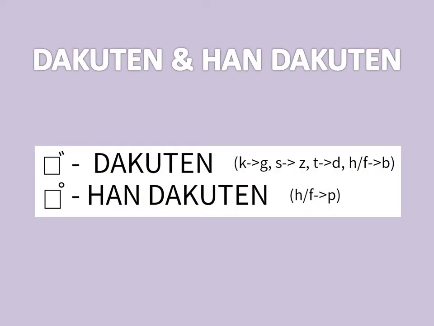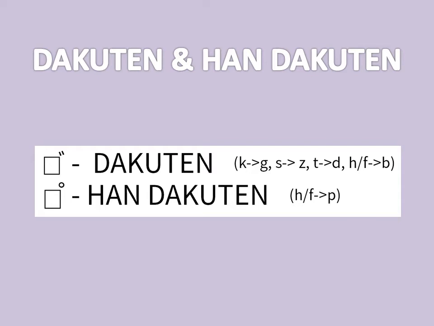Now if we add some symbols like you are seeing, the dakuten and the handakuten, han means half, then we can convert a few of the symbols to some other sounds.